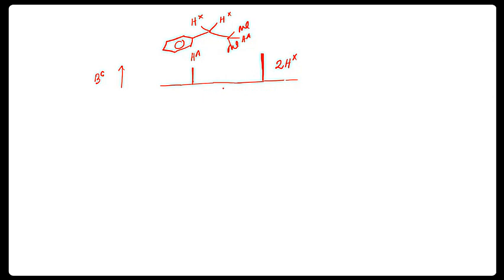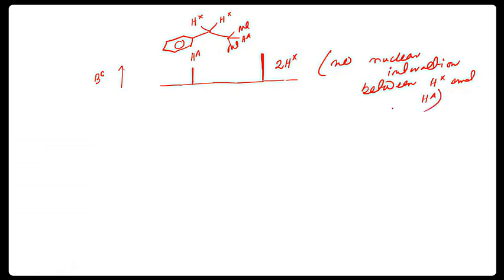Now, what will happen here? No nuclear interactions between HX and HA. Interaction means nuclear interactions. Then what will happen if we consider the interactions?